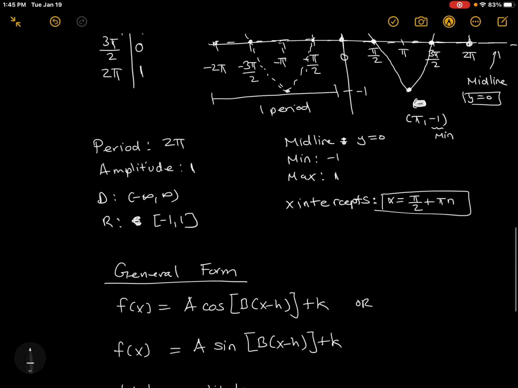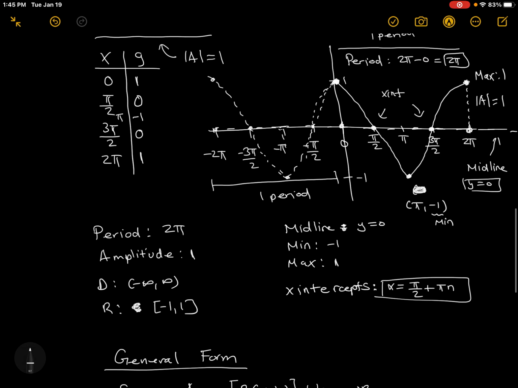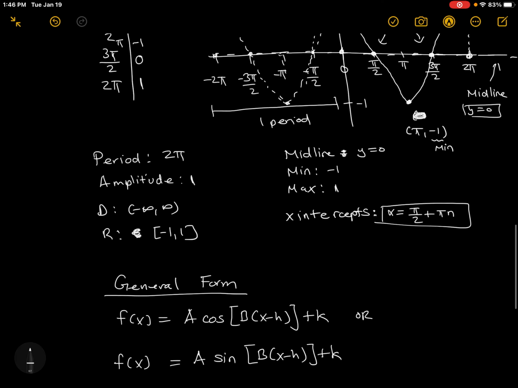Now, another way of calculating the amplitude, right, is the distance, right? Of course, the distance between the max and the midline in your cosine and your sine is just 1, right? Another way of calculating the amplitude, because let's say your max and your min were not 1 and negative 1, right? And your midline's not 0, because you're going to have some kind of vertical shift. Well, the amplitude is also defined as 1/2 max minus min.